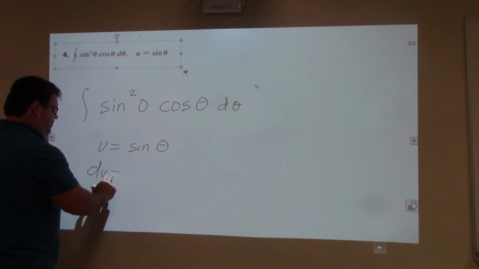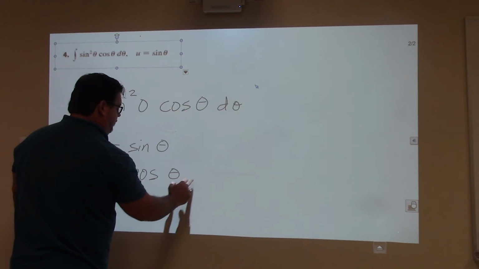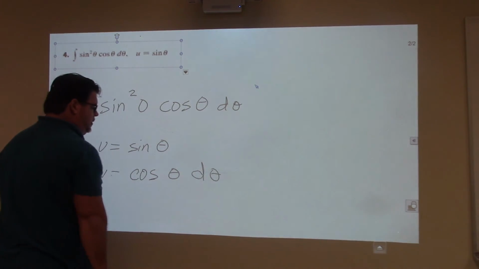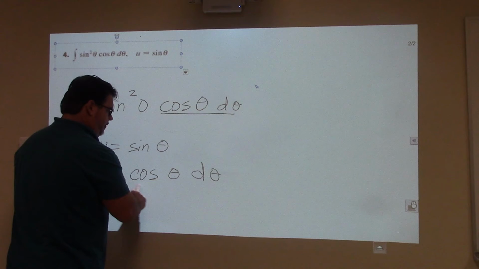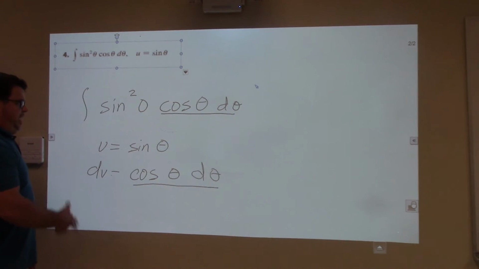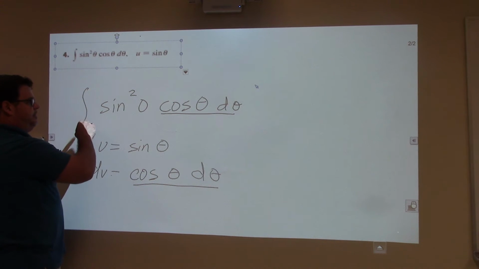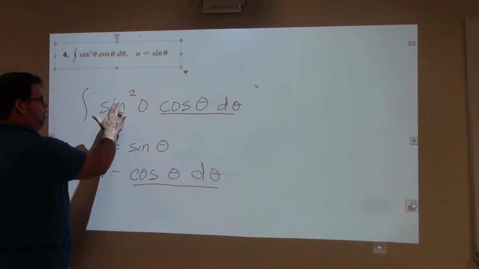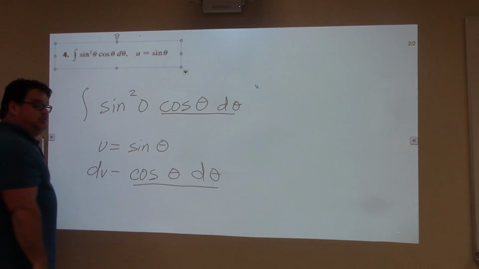Du is equal to cosine theta what? So where's the 2? Do we have this? There it is. So what do we have? This is the antiderivative of u squared times du. Good job.